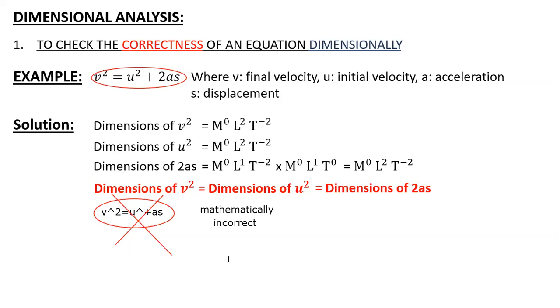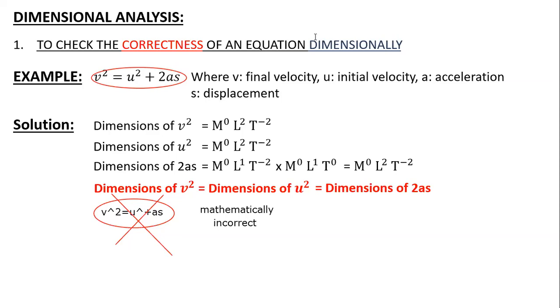It will just check the consistency in the use of the physical quantities, or the presence of any physical quantity inside the equation. So is the difference clear between dimensionally correct and mathematically correct? Again, I'm repeating the statement.